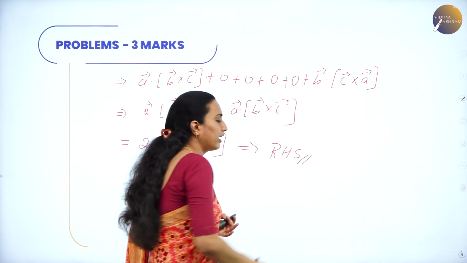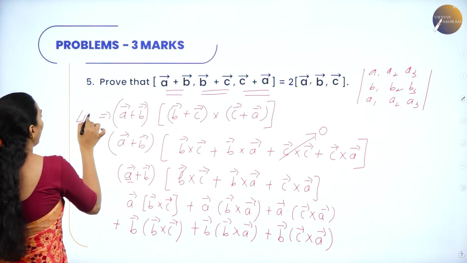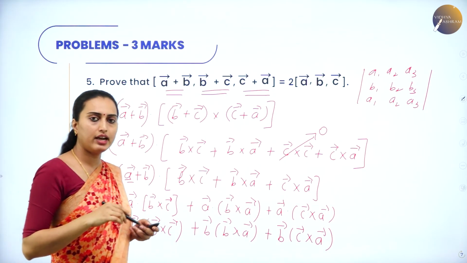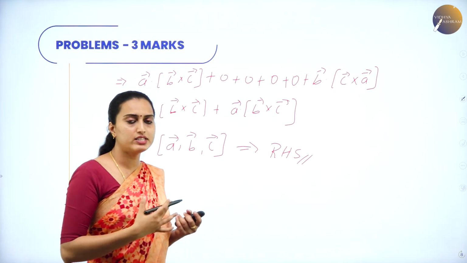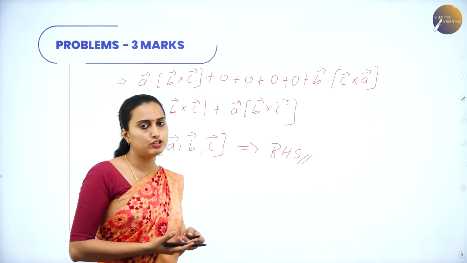That is your right hand side. Now, by taking the left hand side, we have proved the right hand side, that is, the left hand side is equal to the right hand side. I hope you understood this one.